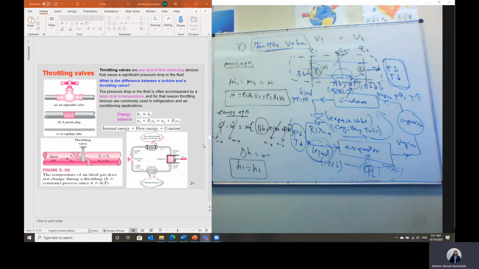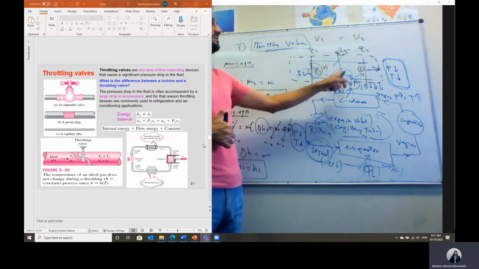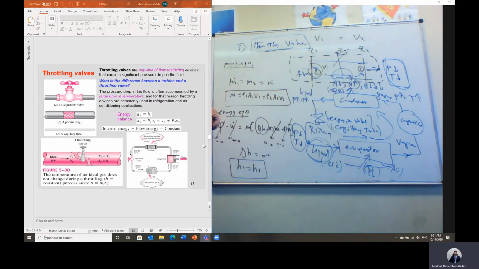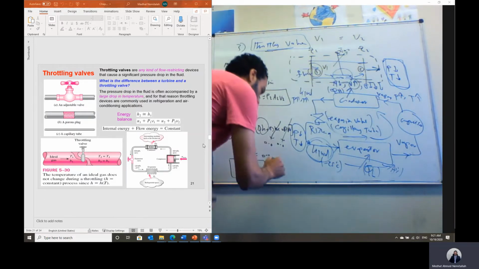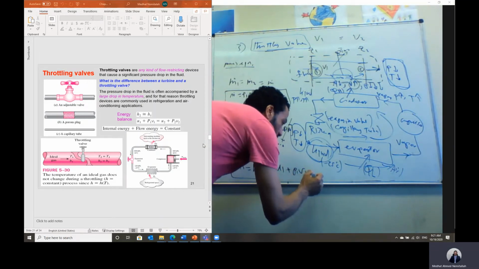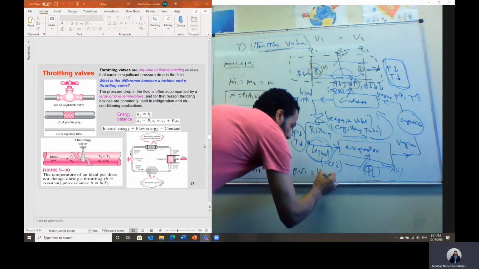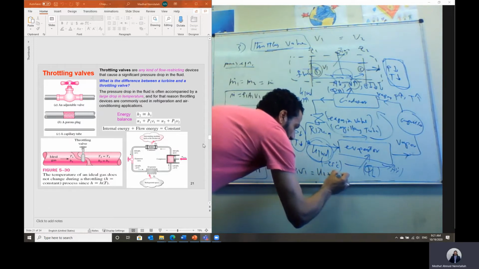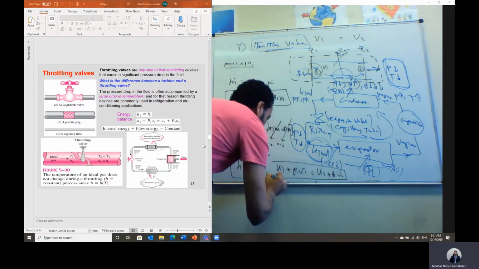So if we told you that in any application we have a throttling valve, that means the enthalpy is constant across this throttling valve. So H2 is the same as H1, and the enthalpy is equal to internal energy plus flow energy. So U1 plus P1 V1 will equal U2 plus P2 V2, multiplied by specific volume.